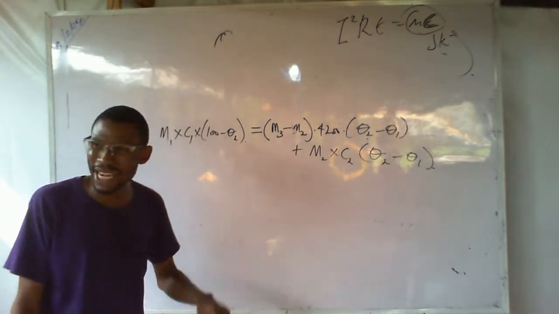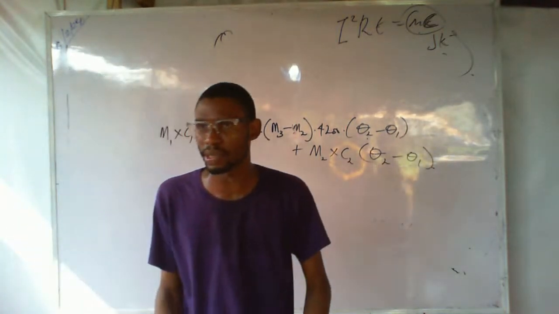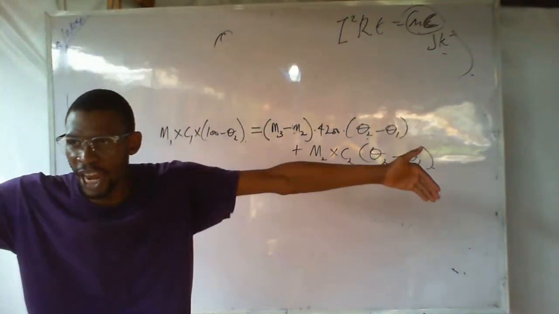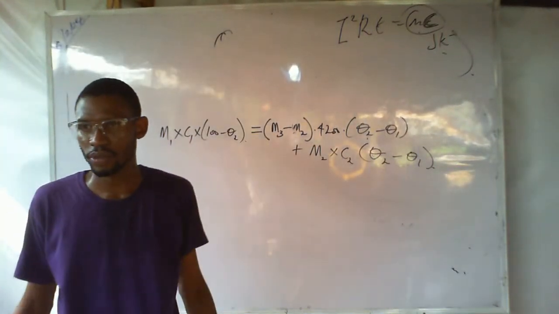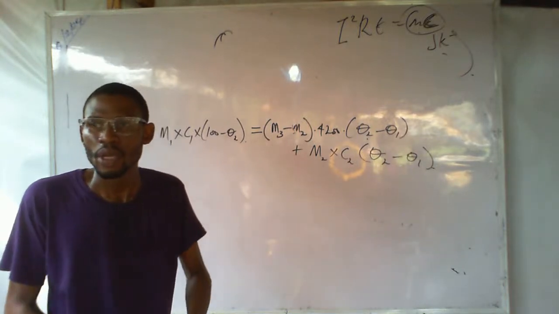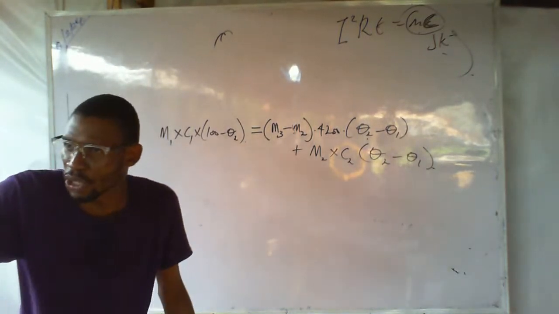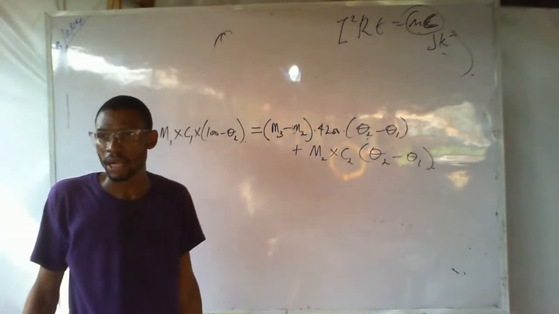What does this say? Don't say final temperature. Stop that. Go back to the expression I gave you. Read it out. I'm talking about the final expression I gave you before giving you this formula.